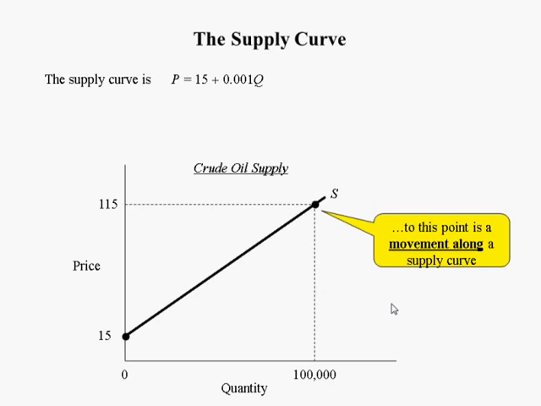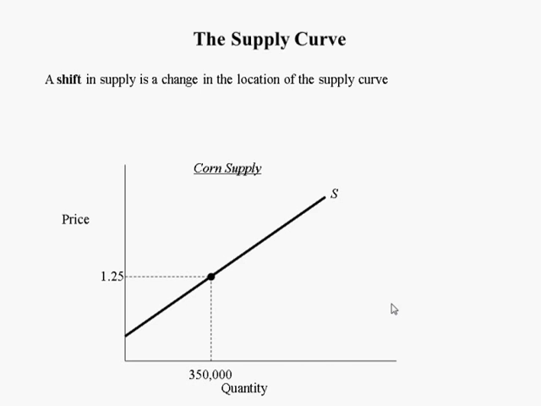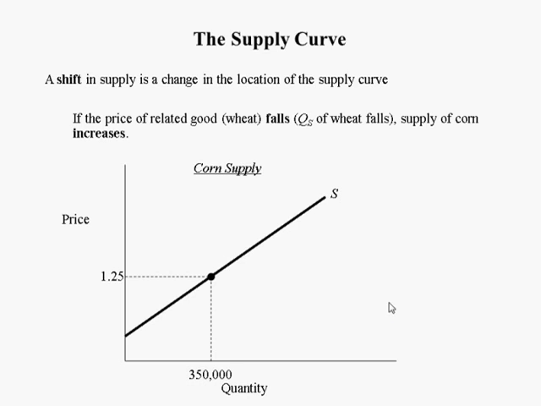Now let's look at corn supply. If you're a wheat farmer, you can also grow corn, so you can either grow corn or you can grow wheat. If the price of a related good like wheat falls, then you're probably not going to grow wheat. Now, remember, ceteris paribus. When we drop the price of wheat, we're going to hold the price of corn constant.